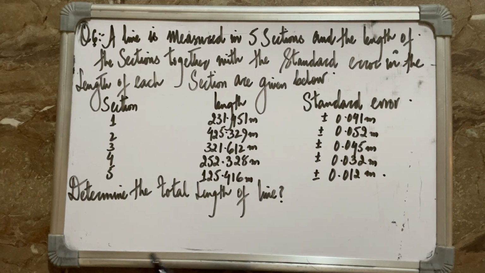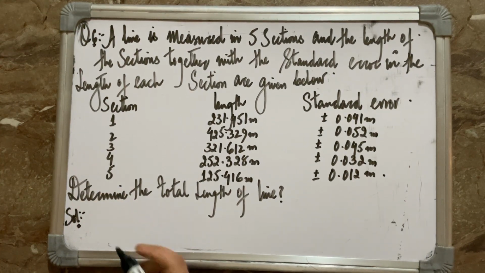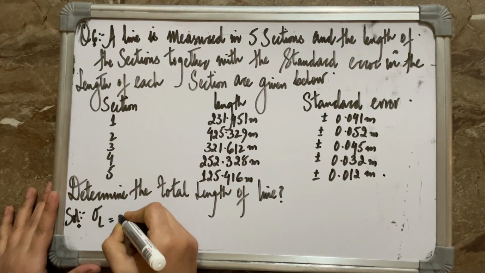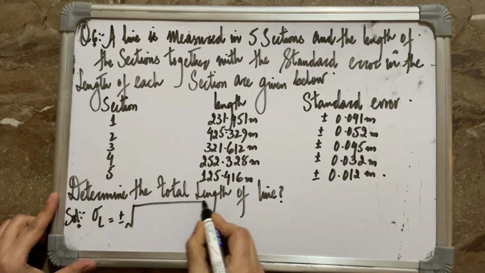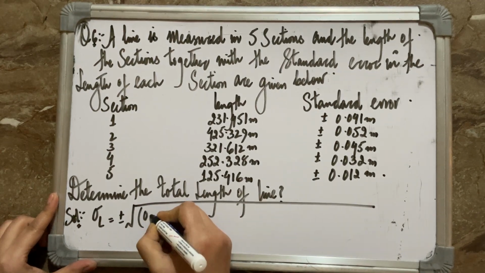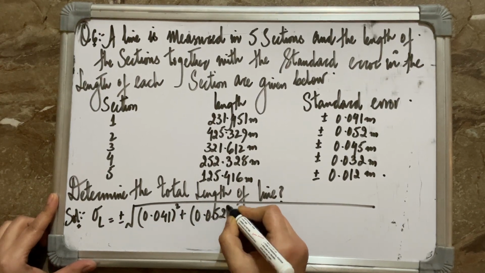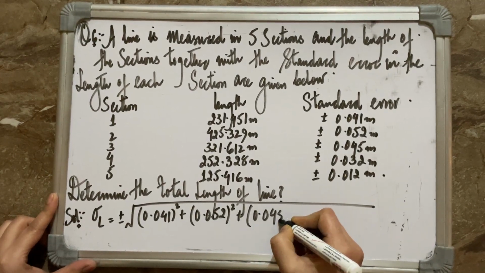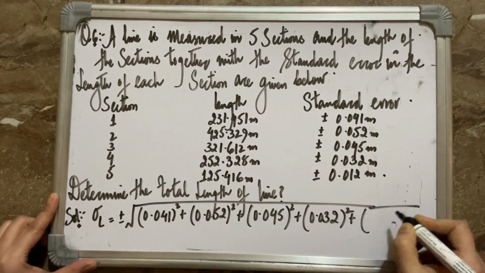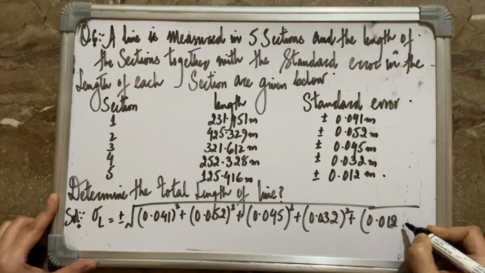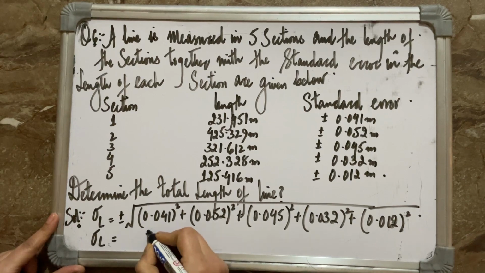By the general rule, in case of addition or subtraction, the standard error in length is the square root of the summation of the squares of the standard errors in each of the readings, that is plus minus the square root of 0.041 square plus 0.052 square plus 0.045 square plus 0.032 square plus 0.012 square.